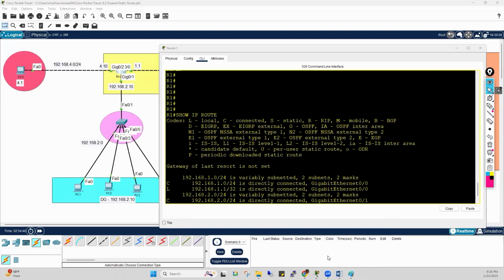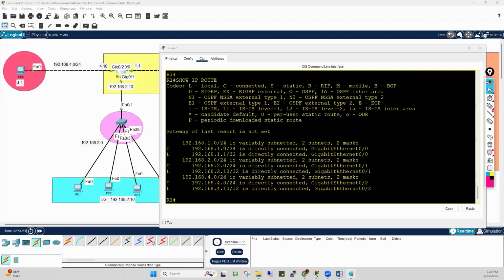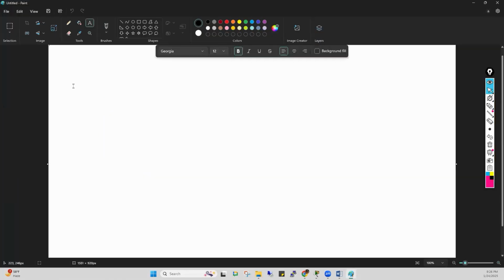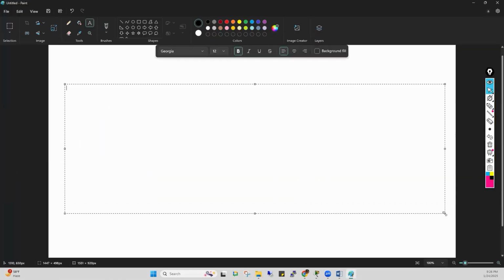Clear? Now the next thing that you need to remember is the next hop. What is next hop? What do you mean by next hop? I'm telling you 2-3 points about the next hop so you can understand.